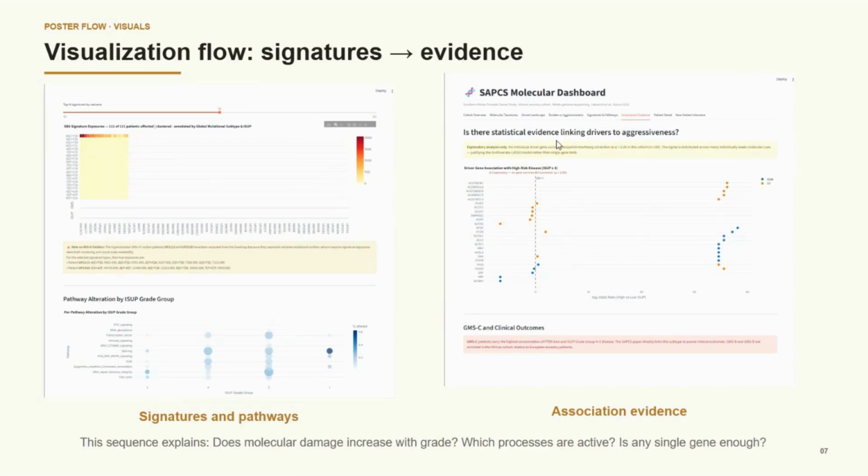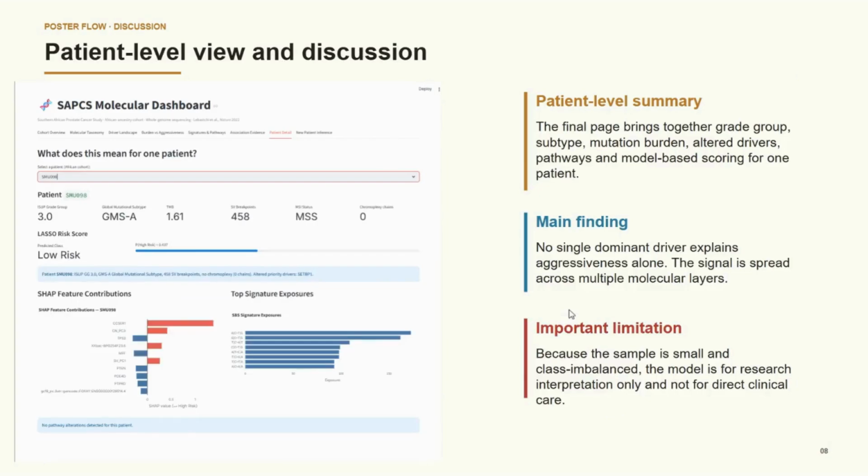The next tab helps us visualize if there's any statistical evidence linking drivers to aggressiveness, where the further the driver appears on the plot to the right of this line, which is the neutral line, the more that driver is contributing to aggressiveness, and the further it is on the left, the more that driver is deducting from aggressiveness.